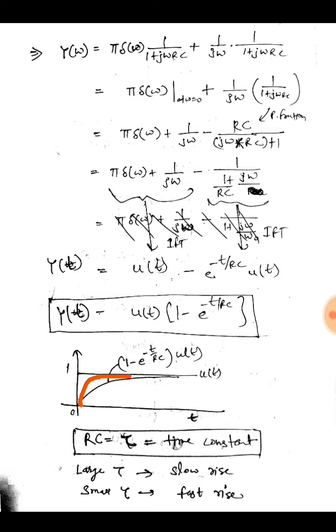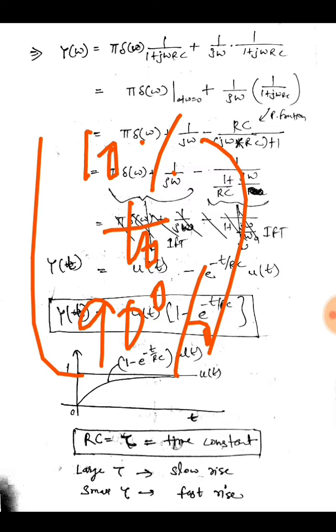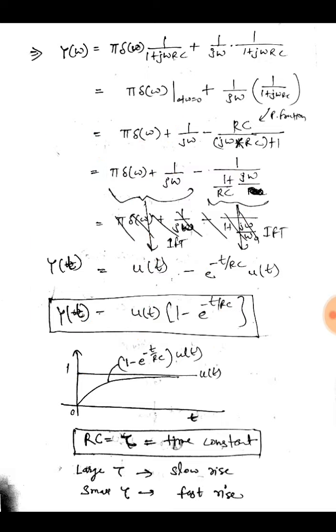So rise time is nothing but the time for the output to rise from 10% of the maximum value to 90% of the maximum value. You can calculate it using the equation 1 minus e raised to power minus t upon RC.